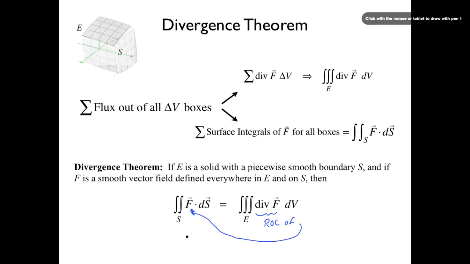So this is the third fundamental theorem we've seen in this course. We saw the fundamental theorem of line integrals, and then Green's theorem, and now we have this one.